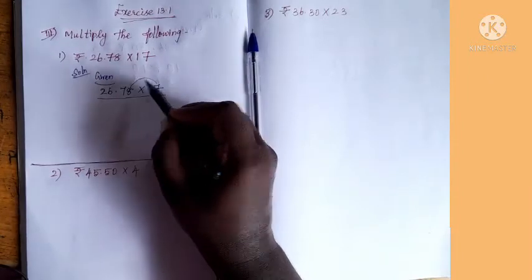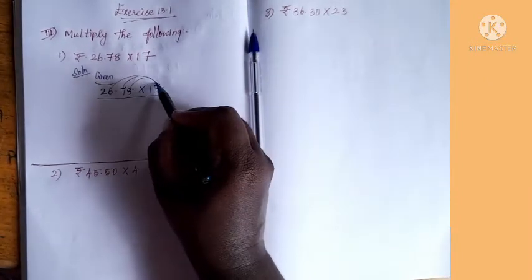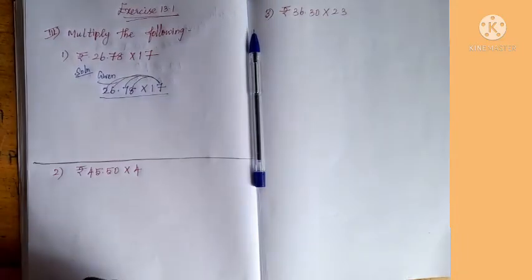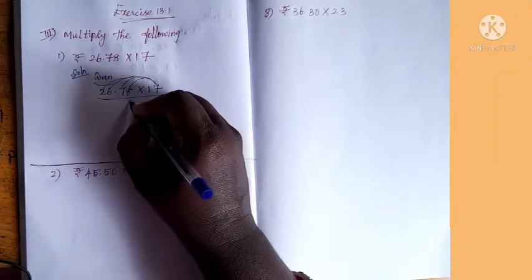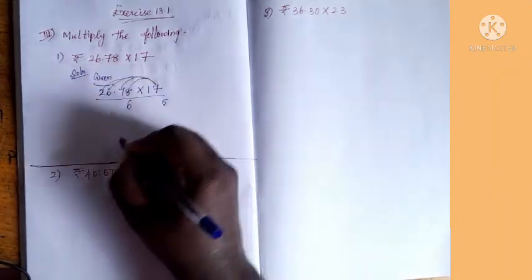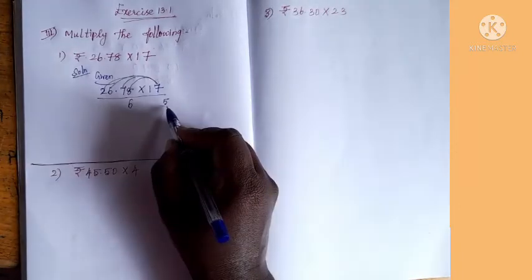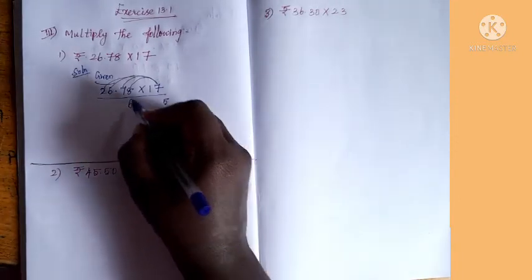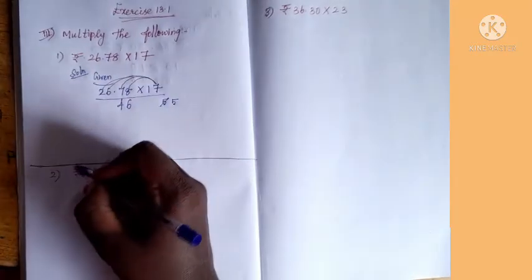First number with first number, then second, third, and fourth. Multiply like that. 7 8s are 56, 5 remainder. 7 7s are 49, 49 plus 5, 54, 4, again 5 remainder.